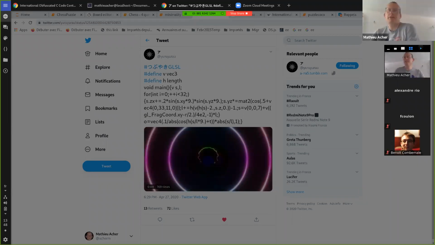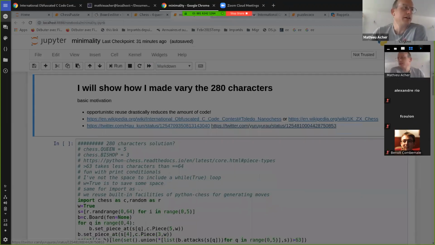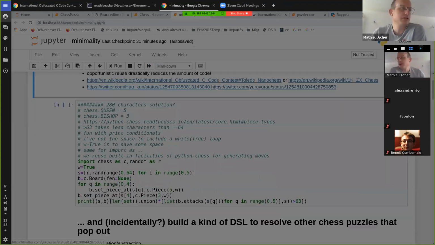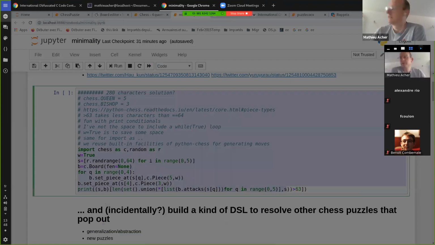So it was my basic motivation, right? And I start with something here, so a really concise solution. So it's an interesting exercise actually to make code very concise. It allows you to discover some strange constructs of programming languages, and also think deeply about language constructs.